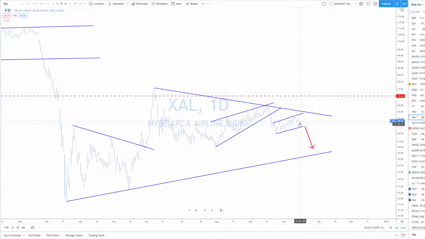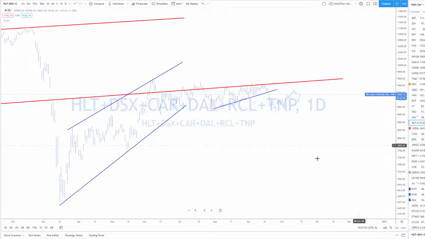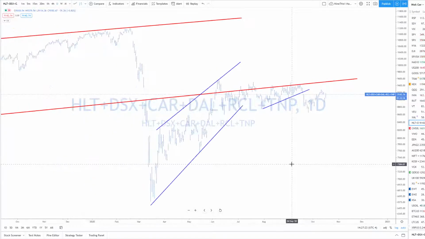Airlines in the middle of nowhere within this bear structure. These are the most affected, I would say, representatives of each industry. Okay, so it's Hilton, Diana Shipping, which is dry shipping, Avis, Delta Airlines, Royal Caribbean, and Tsakos Energy, which is oil transportation by sea.